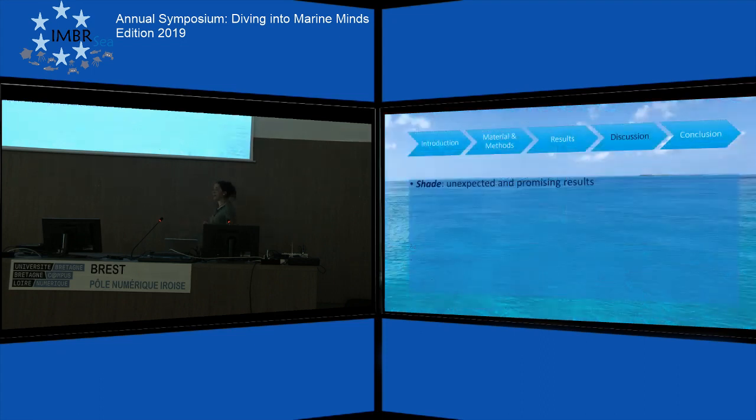What we can say about this first, about the sunlight exposure factor, is that the shade and sun conditions actually presented surprisingly similar results. The hypothesis was that the shade frames would present slower growth rates and smaller coral cover, since photosynthesis is the main source of energy for growth. But actually it didn't, so it seems that photosynthesis is not as impaired as it could have been expected.